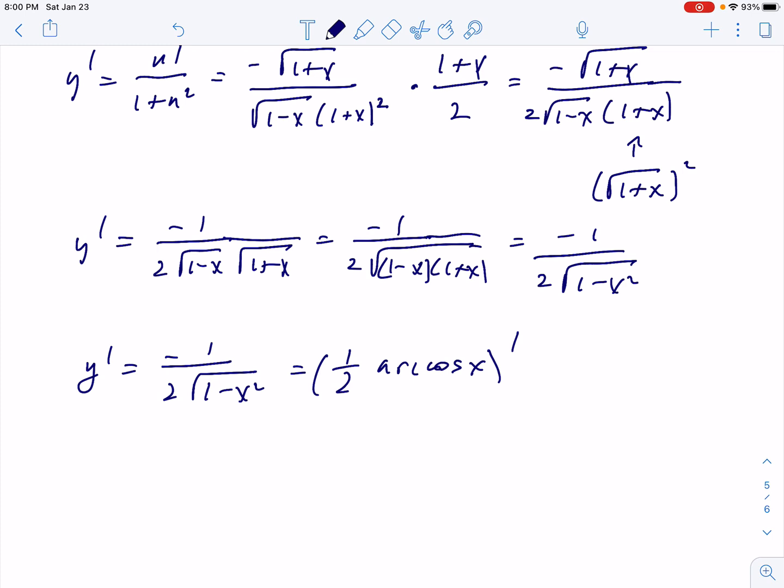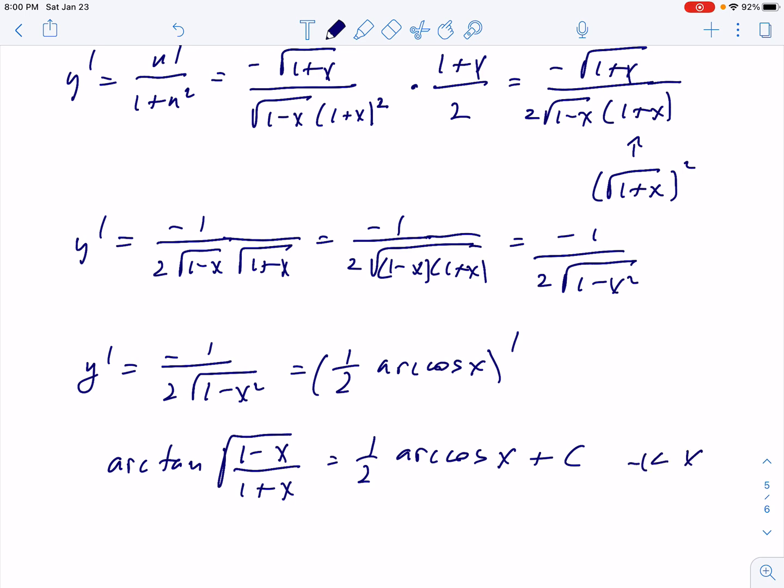This brings to arctangent, our original function, square root 1 minus x over 1 plus x equals 1/2 arc cosine x plus c. This is happening in the interval from -1 to 1.